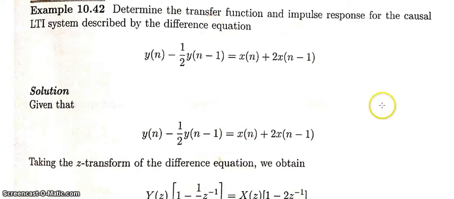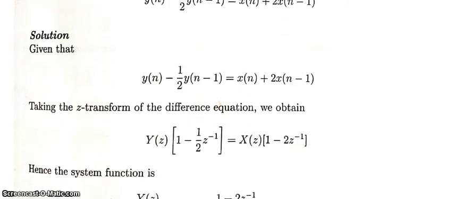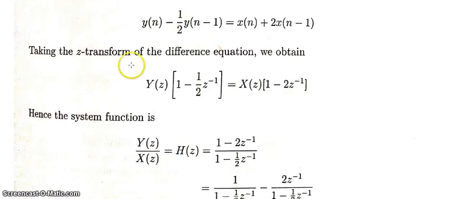Now taking the z transform on both sides of this equation, z of y of n is y of z, and z of x of n is x of z. Therefore y of z minus 1 by 2 z inverse y of z equal to x of z plus 2 z inverse x of z. From the left side we can take y of z outside, from the right side we can take x of z outside.